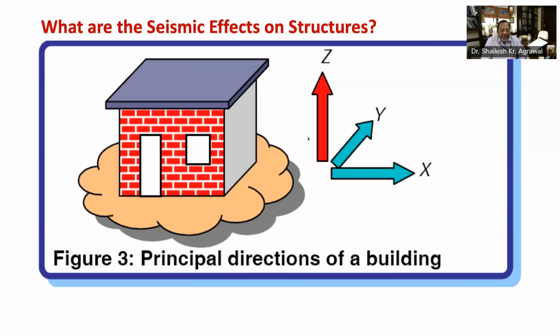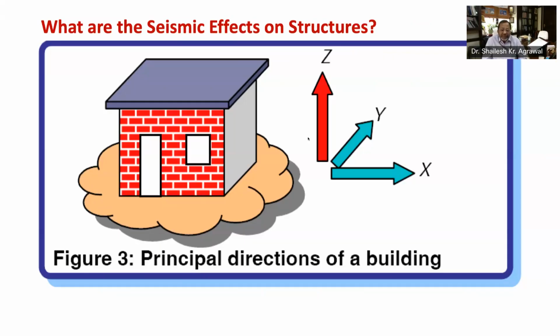Primarily, the buildings are designed to carry gravity loads. That is, vertical load comprising of building's own weight and imposed load or live load multiplied by the acceleration due to gravity acting in the downward direction, that is minus Z direction. This is called gravity load, and most of the buildings are designed for this gravity load.